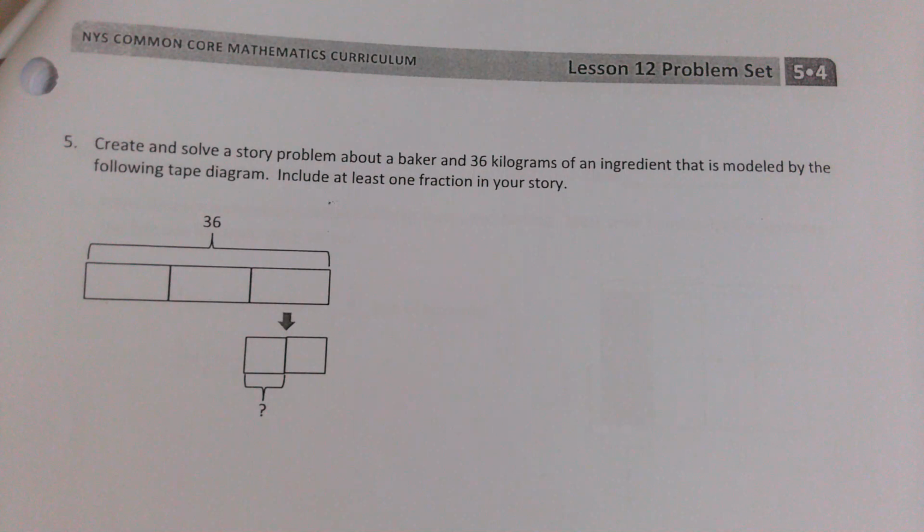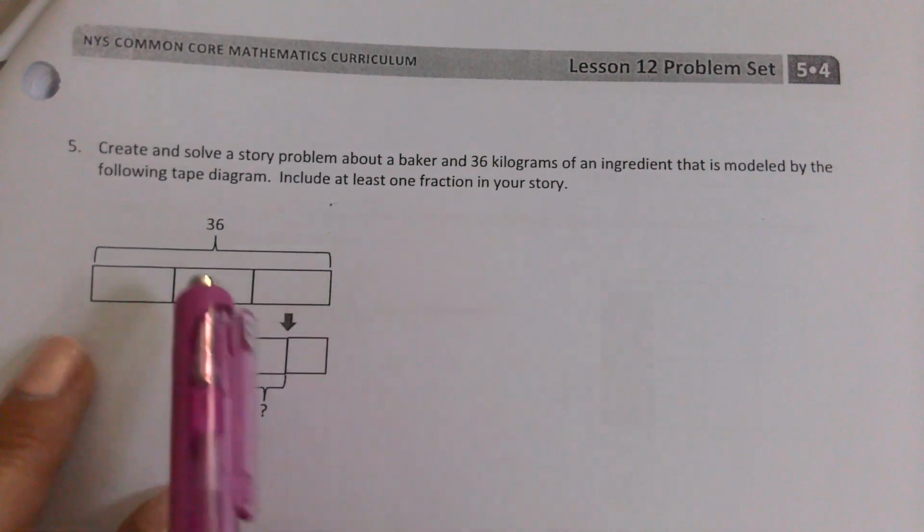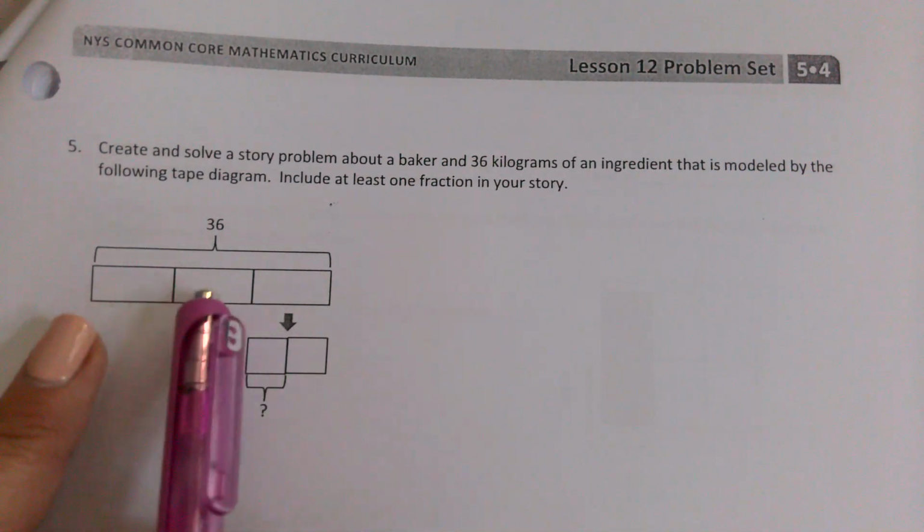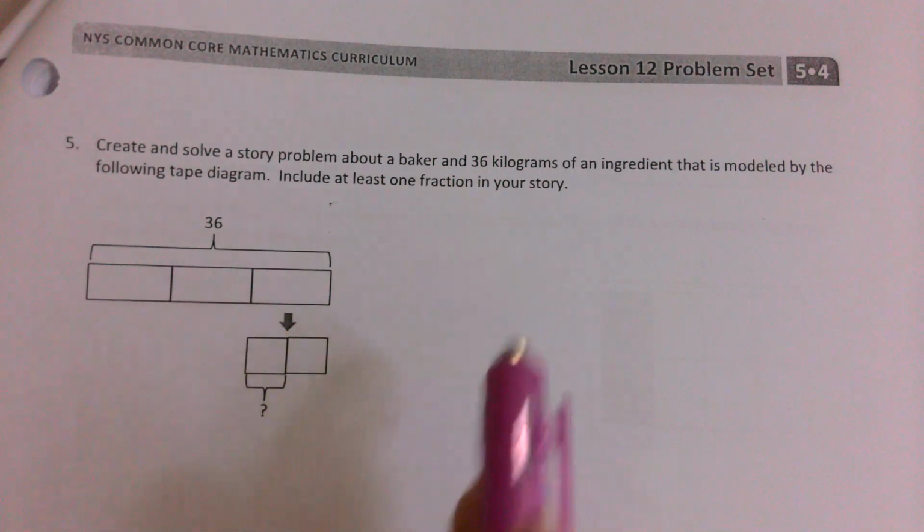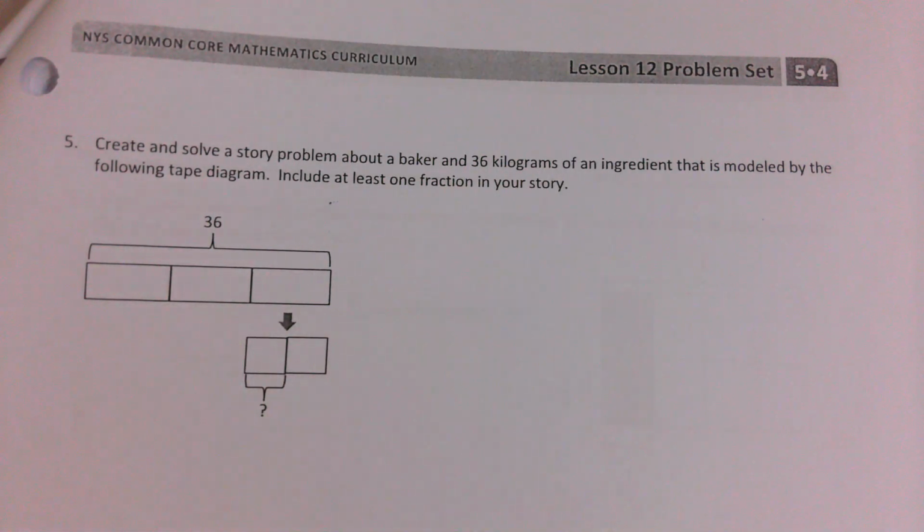A baker poured a bag of 36 grams of flour equally into 3 containers. And then out of the 3 containers, out of one container, uses half to make such and such. All right. So go first. You might want to figure out how much is in each unit before you can take half of that unit, right?